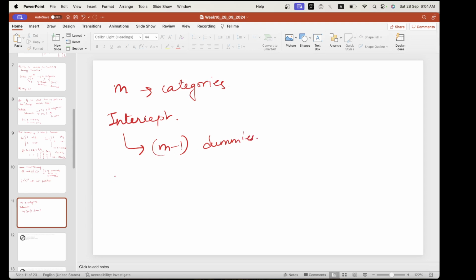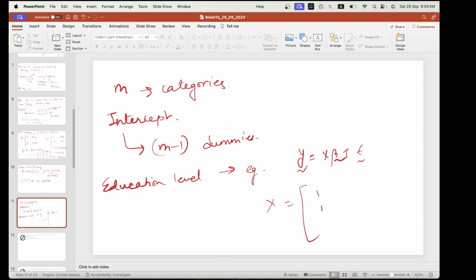So in this postgraduate education level example, here we'll use only one. So we'll have y equal to x beta plus epsilon, where the x matrix would be 1 1 1 1 corresponding to the beta naught intercept term, and 0 1 1 0 0 corresponding to beta 1 term.